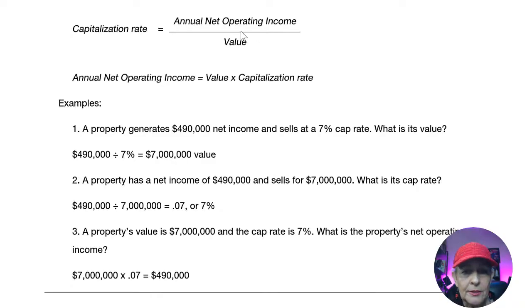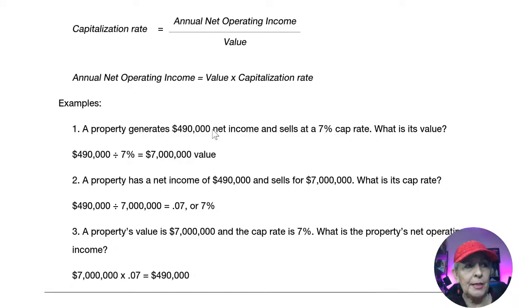That goes down here, the denominator. What is the cap rate? Now we're solving for the cap rate. So when you have the formula in front of you, you just rewrite it according to what they're asking for. And here they want to know the cap rate. The other two numbers, operating income, 490 and 7. So 490,000 divided by 7 million equals 0.07 or 7%.